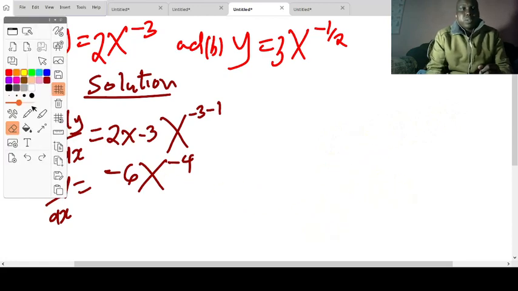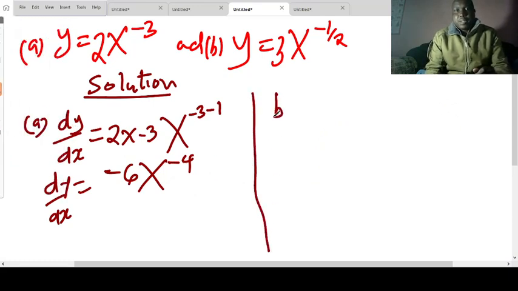part B. We are doing part B. First, identify the power. Identify the coefficient of x. Simple rules, please. The power is negative half. The coefficient of x is 3.